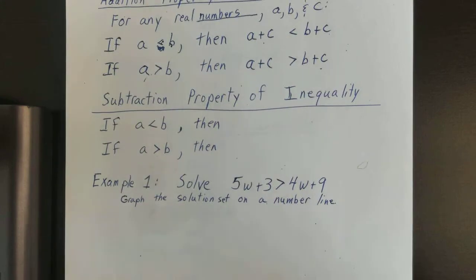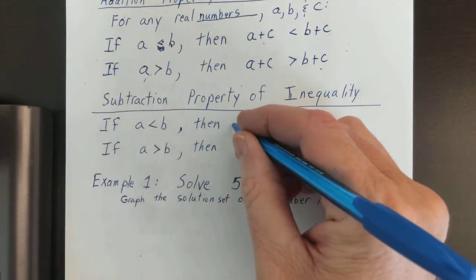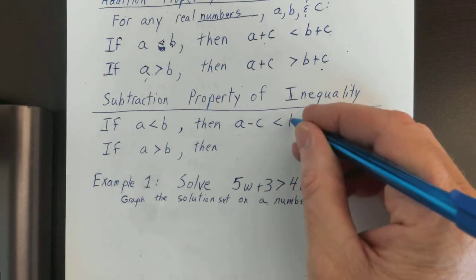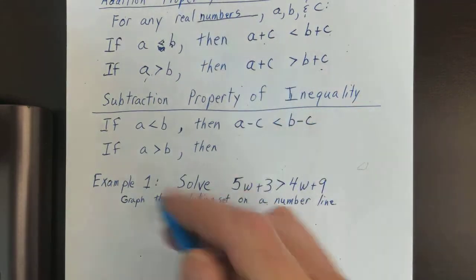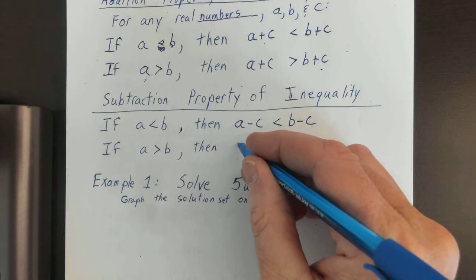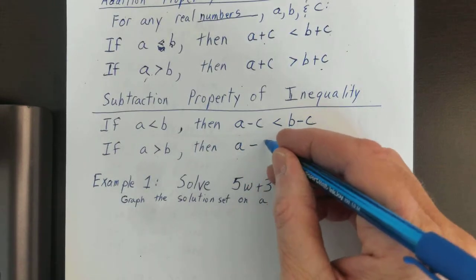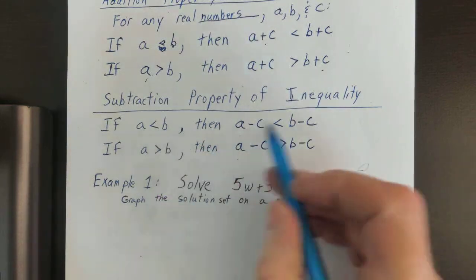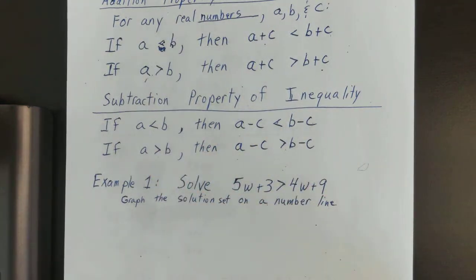And then the subtraction property: if A is less than B, then A minus C is less than B minus C. And if A is greater than B, then A minus C is greater than B minus C. The direction of the inequality is not changing.